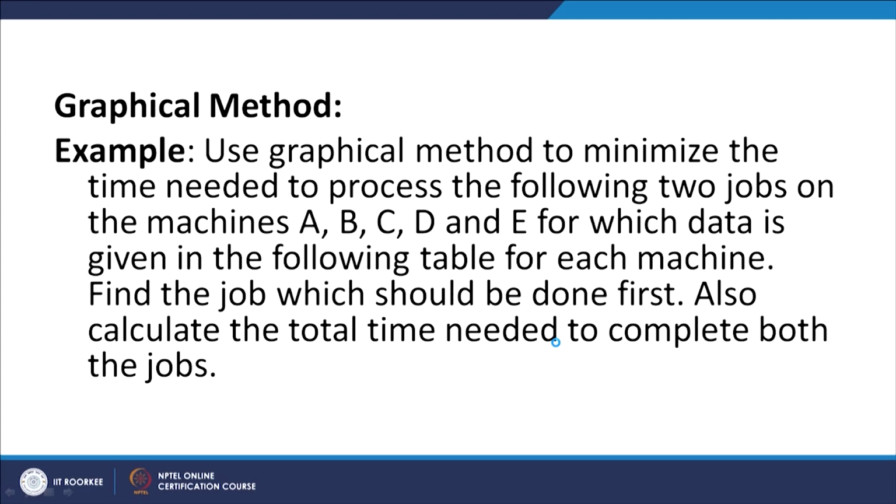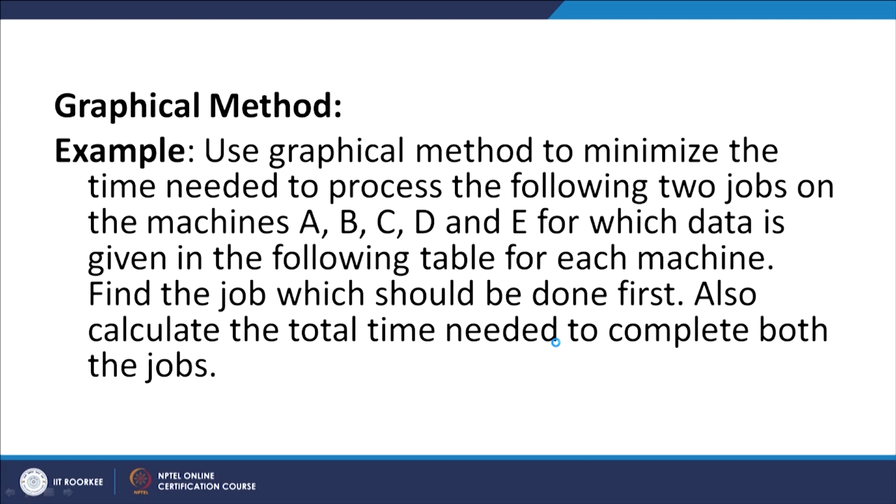Now, for solving these kinds of problems, we have the graphical method. The example that we are going to use to understand this method is as follows.